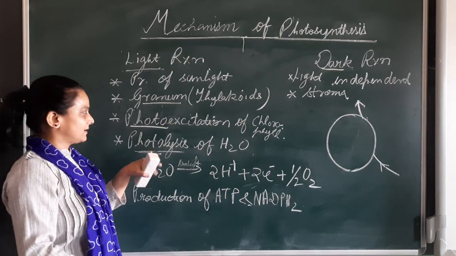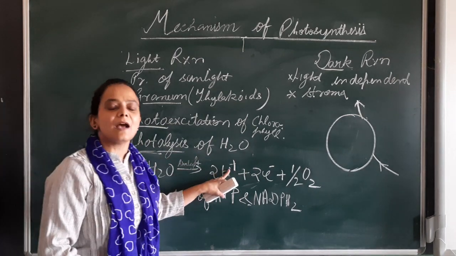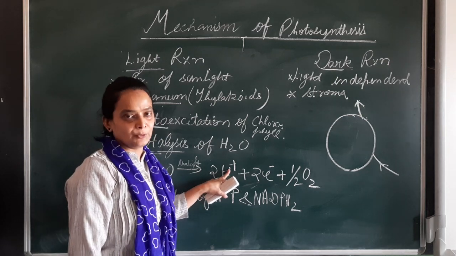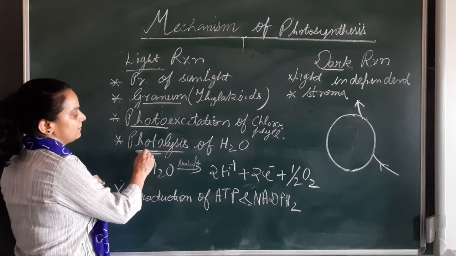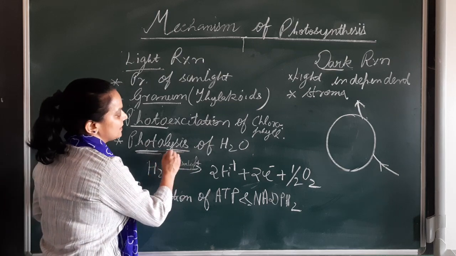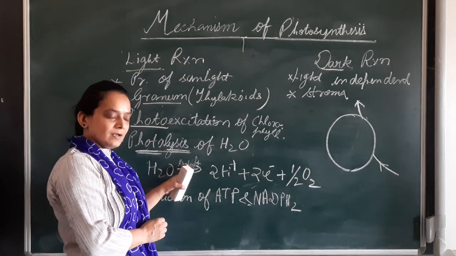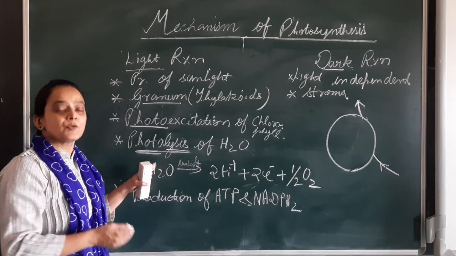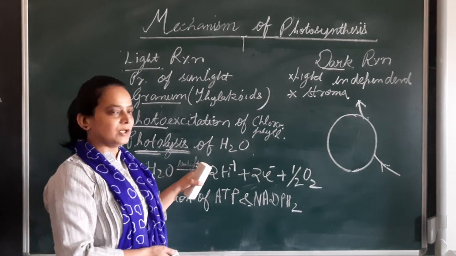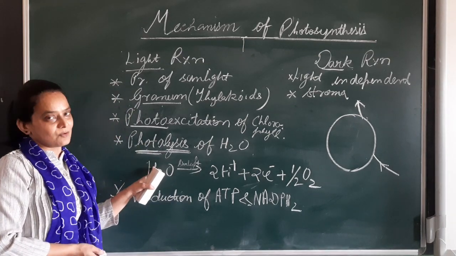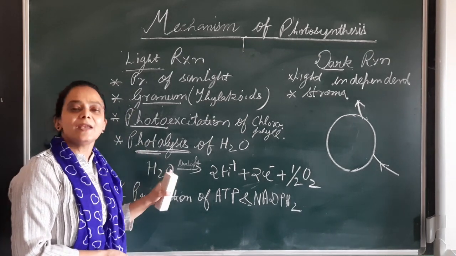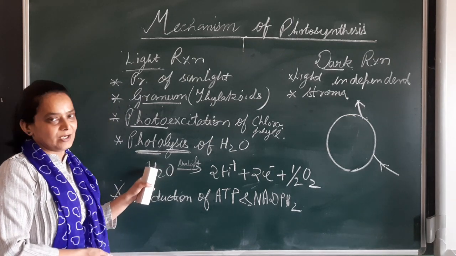And due to this activation, there is splitting up of water molecule. Again see, there are two words: photo meaning light, lysis meaning breaking up. So the splitting up or the breaking up of water molecule in presence of light is called photolysis of water and is a very important step of light reaction.